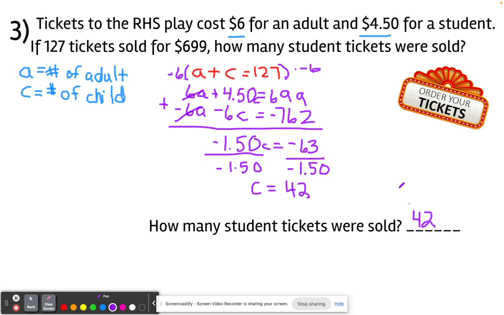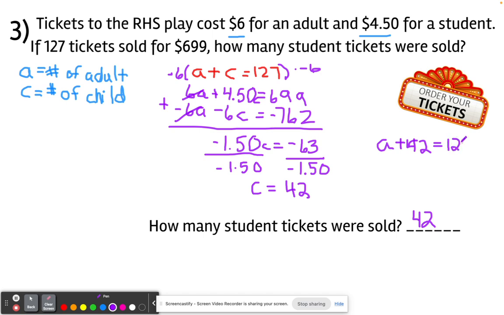If I sold 42 children tickets, I know that my adult tickets plus my child tickets, or my student tickets, which is 42, I almost didn't substitute that, has to equal 127.